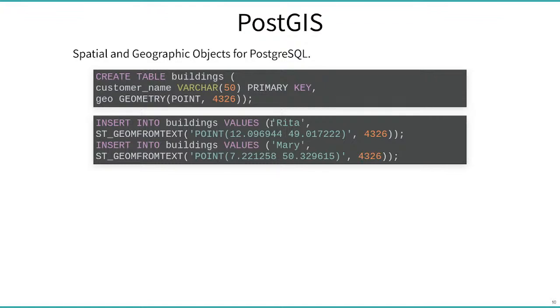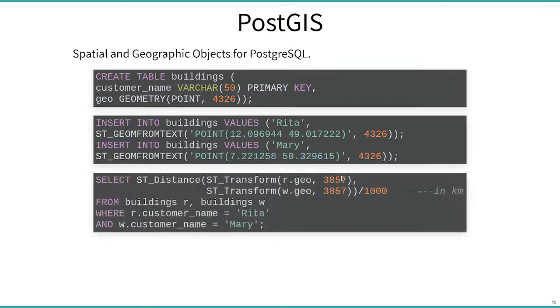So we insert two people, Rita, and use this ST_GeomFromText to insert the position of Rita and the position of Mary.